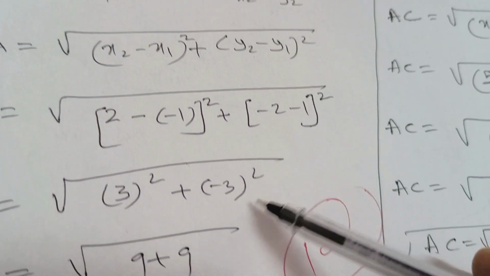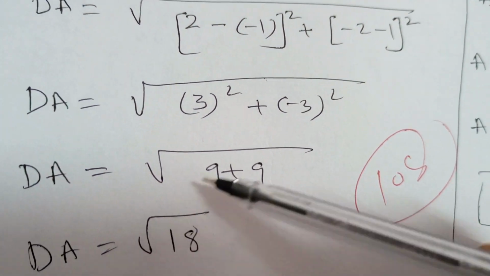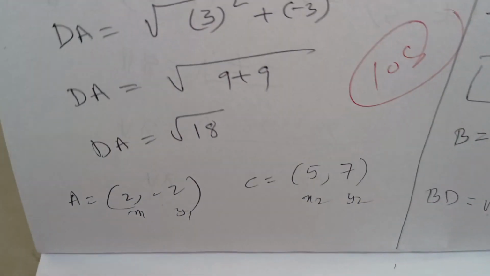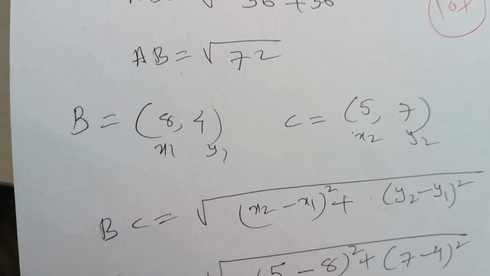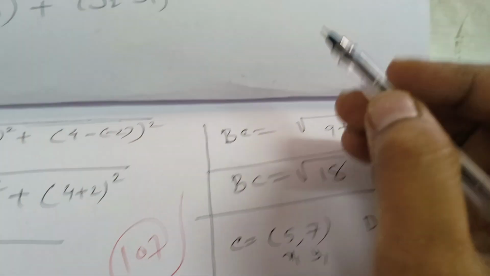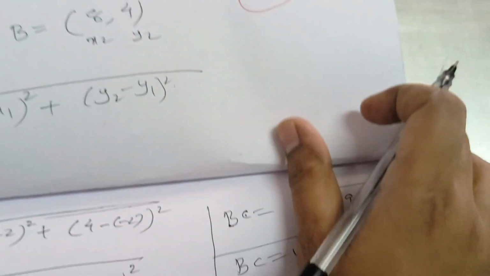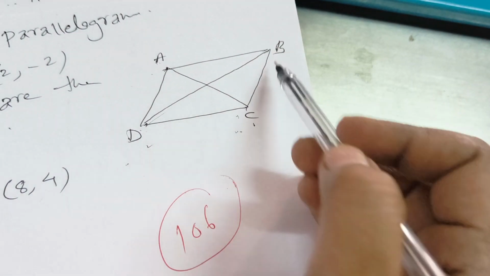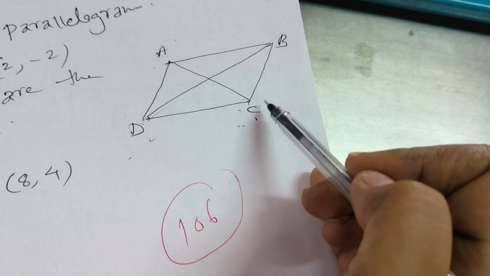So minus 2 minus 1 is minus 3 whole square. DA is equal to 9 plus 9, 18. So our DA value is square root of 18 and BC answer is also square root of 18. So BC and DA both are equal.